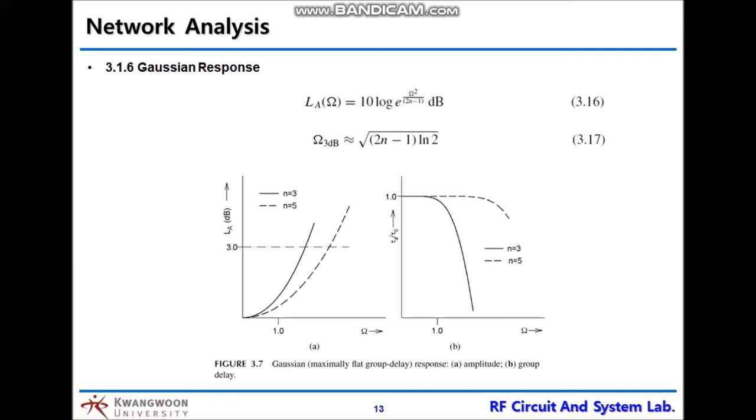Use of this equation gives the 3 dB bandwidth as equation 3.17, which approximation is good for n more than 3. Hence, unlike the Butterworth response, the 3 dB bandwidth of a Gaussian filter is a function of the filter order.